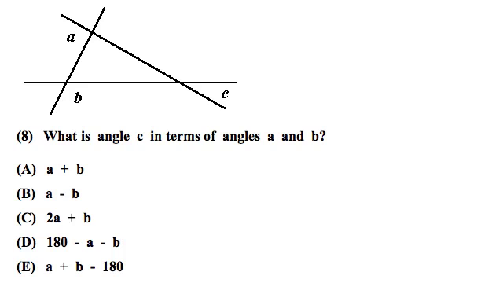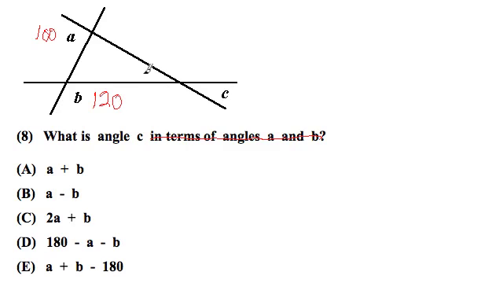So what they want here is, what is angle C in terms of angles A and B? So we can cross that out and choose numbers for A and B. A looks like a little more than 90, so let's make that 100. B, say 120.